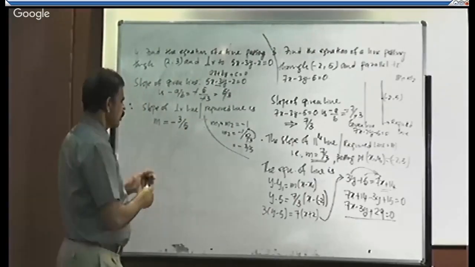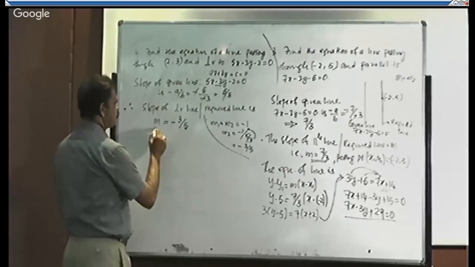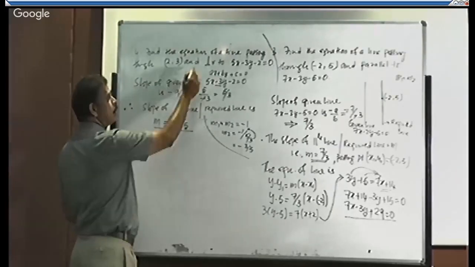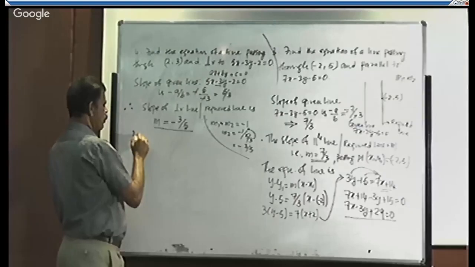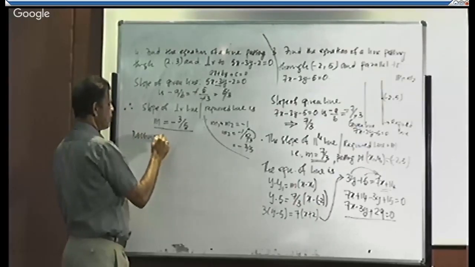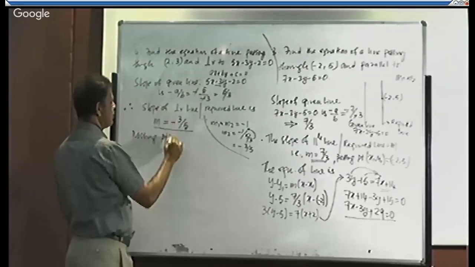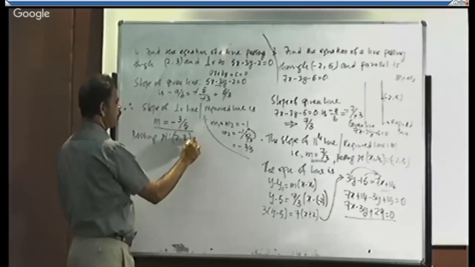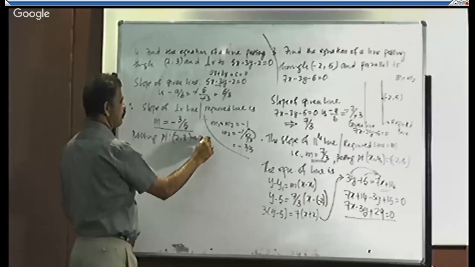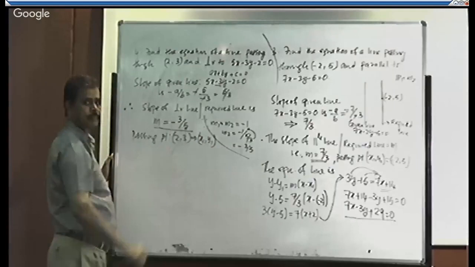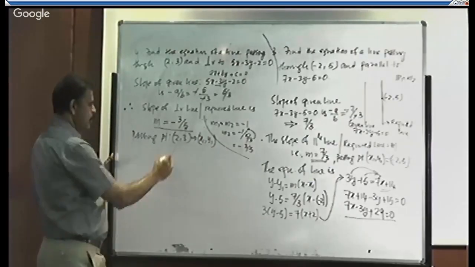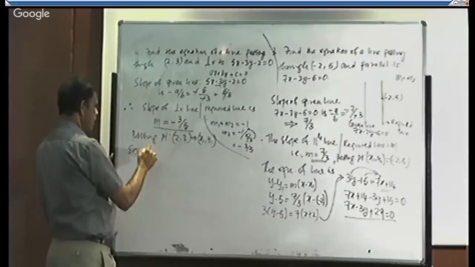Right? Now we have the slope of the required line, and the passing point. What is the passing point? The passing point is 2, 3, which will be taken as x1, y1. Now, using these two, I can calculate the equation.